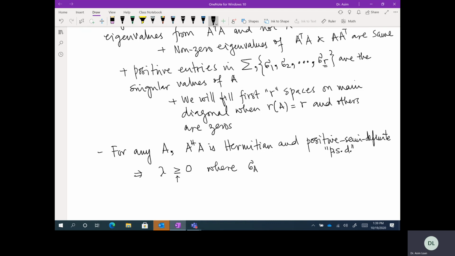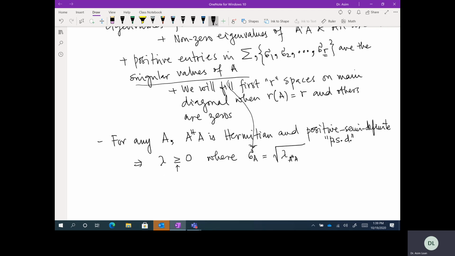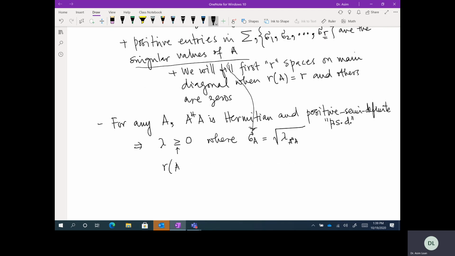Where are the singular values? The singular values of A are simply the square roots of the non-zero eigenvalues of A Hermitian A. So the rank of A Hermitian A is the same as the rank of A, which is the number of positive sigma i, because it's the positive square root.